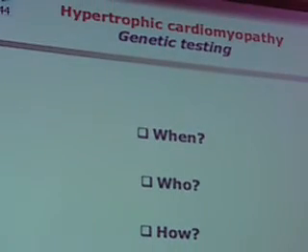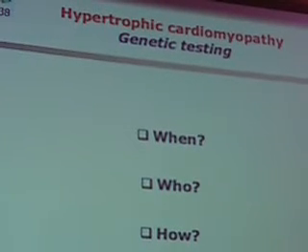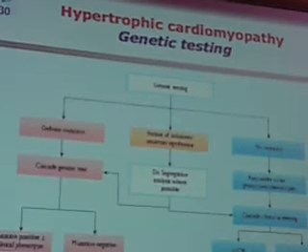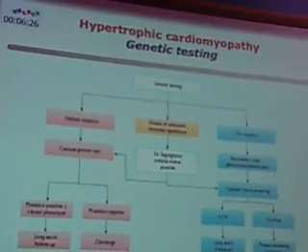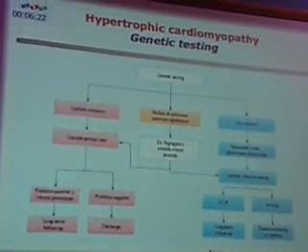Anybody here, I'm sure, is pondering the role of genetic testing. When, who, and how. Again here, our guidelines have developed a special algorithm. So, you have to study this algorithm and understand when, to whom, and how you have to use this technique.